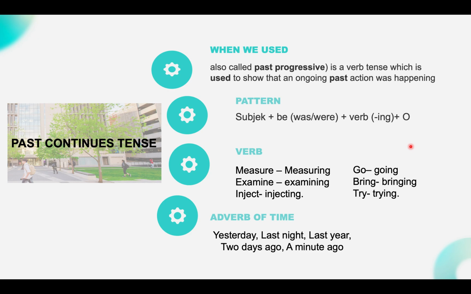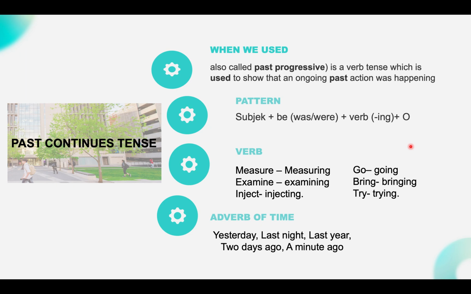We will talk about the past continuous tense. It is also called past progressive tense. The past continuous tense is a verb tense used to show that an ongoing past action was happening. So the pattern here is subject, and then be, we use was or were, and then verb ing plus object. So the verb is similar to the present continuous tense.